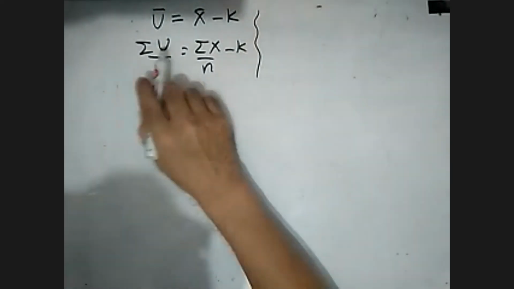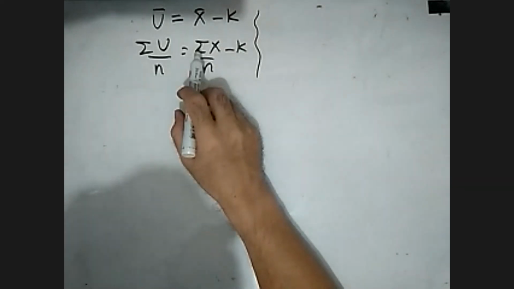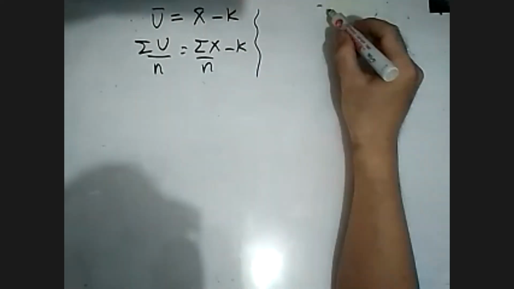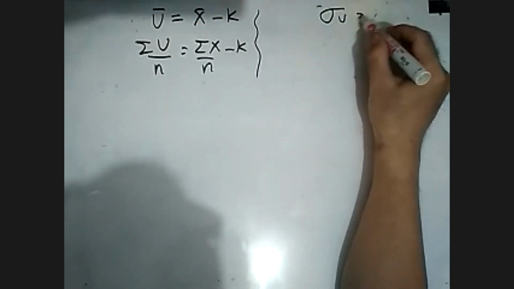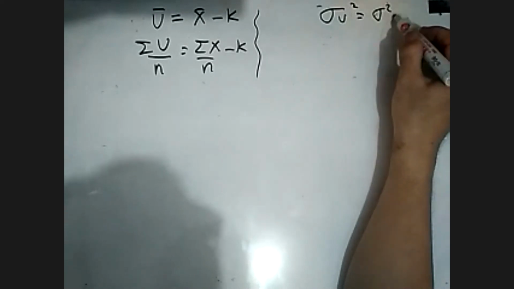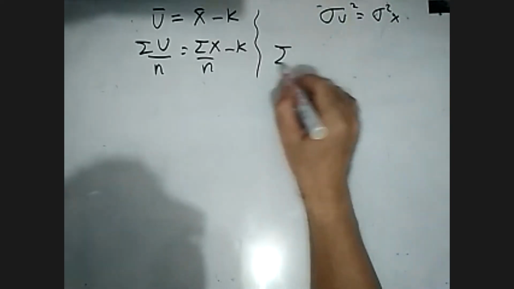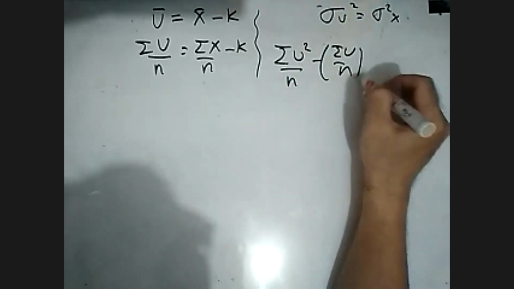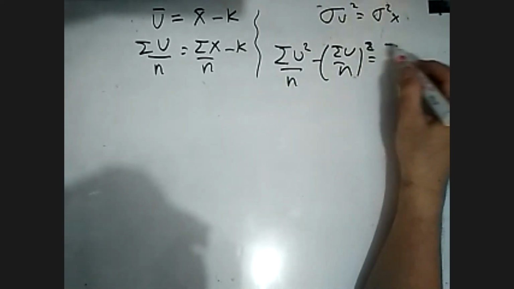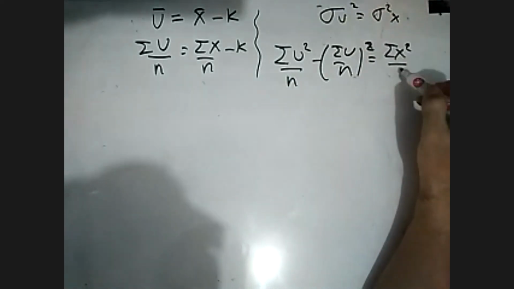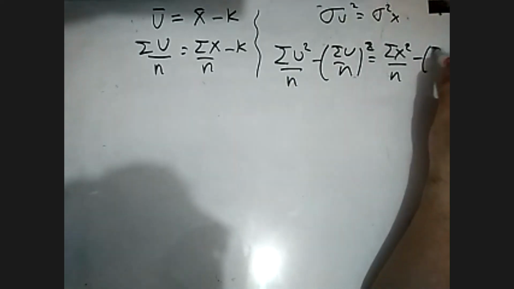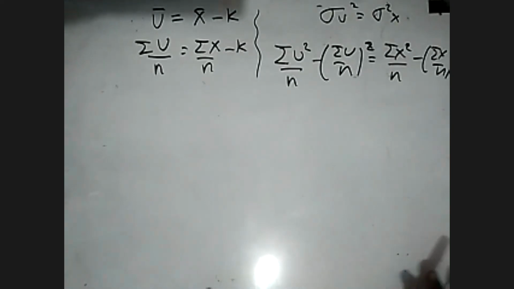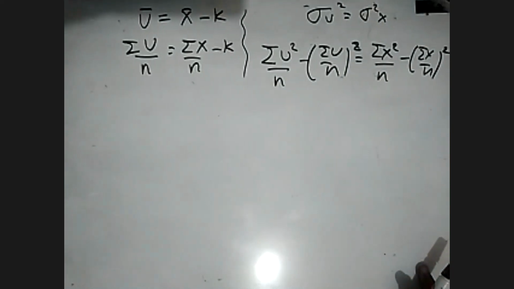This is about the relationship between u bar and x bar, and about the relationship between the standard deviations of u and of x: sum of the u squared over n minus (sum of u over n) squared is sum of the x squared over n minus (sum of the x over n) squared. These are the two equations that are used for coding.